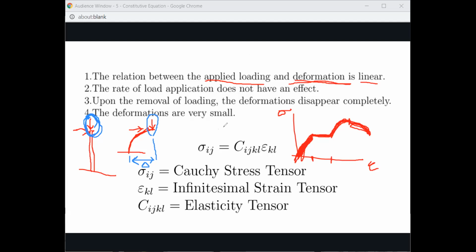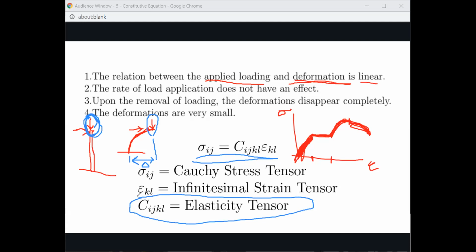Okay, so here we have this index notation equation. We note that K and L are dummy indices, tama, and I and J are free indices. So sigma ij is the Cauchy stress tensor. This is the same tensor that we have discussed in module 3. Epsilon KL is the infinitesimal strain tensor, the same strain tensor that we have discussed in the previous lecture. And we will try to get this elasticity tensor.